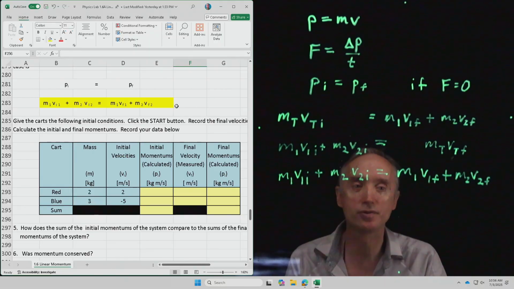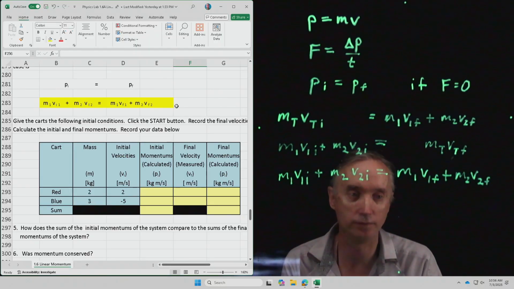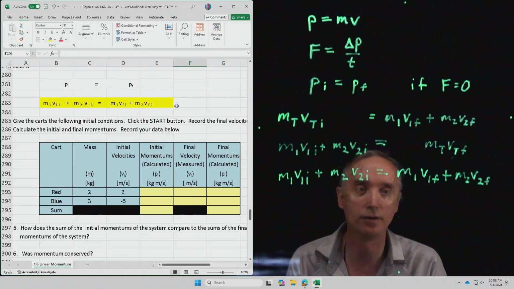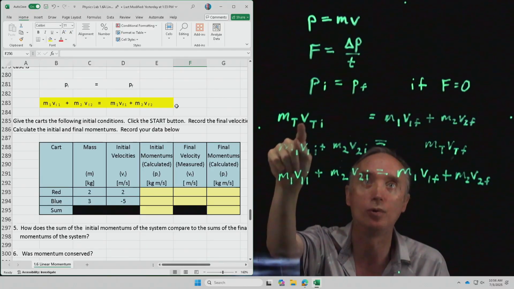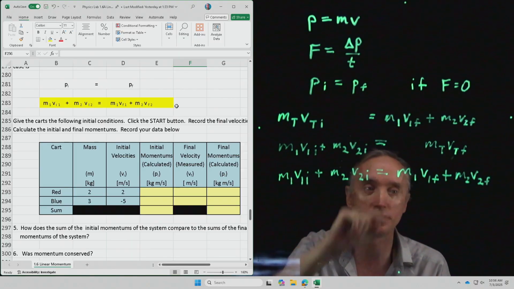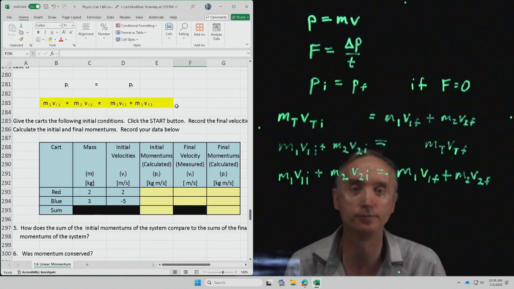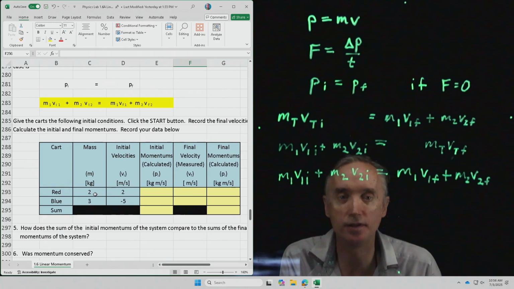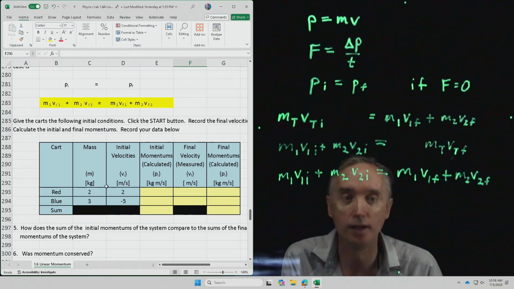So this one is the most complicated of the three because you've got four things that you have to be worrying about. In these other ones, you only had 1, 2, 3, but now you've got four pieces that you have to take into account. So we're going to give the carts these initial conditions: a mass of 2 for the red one, a mass of 3 for the blue one, and initial velocities of 2 and -5 so that they're going to collide.